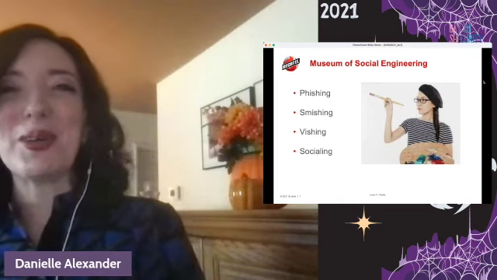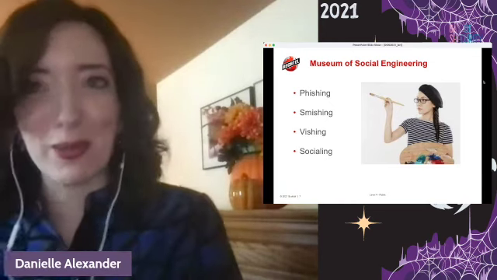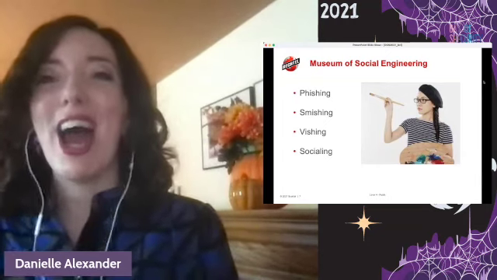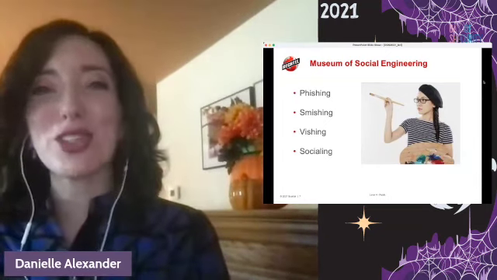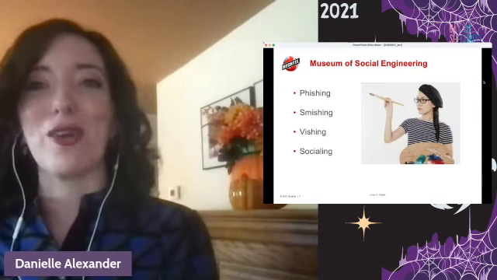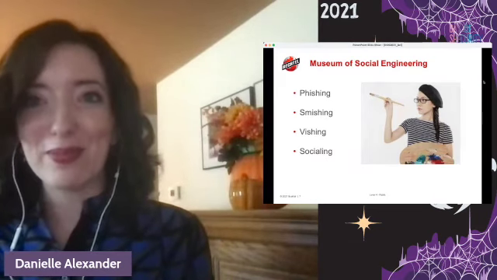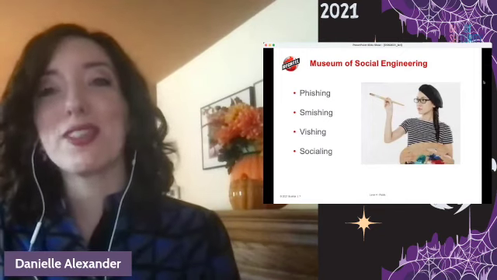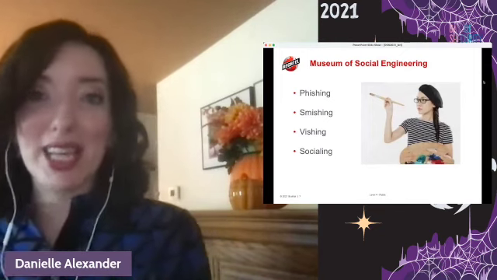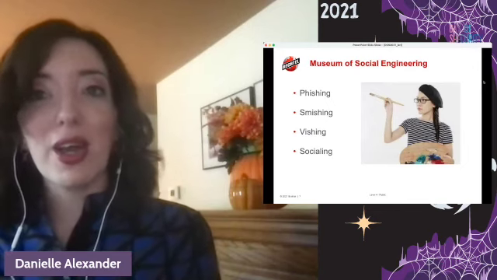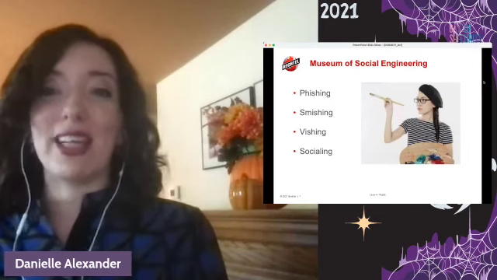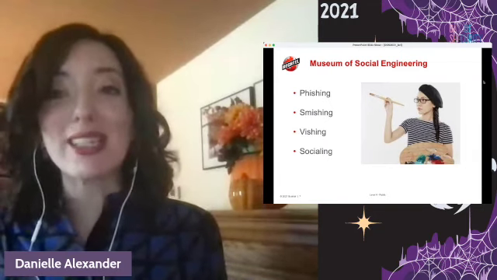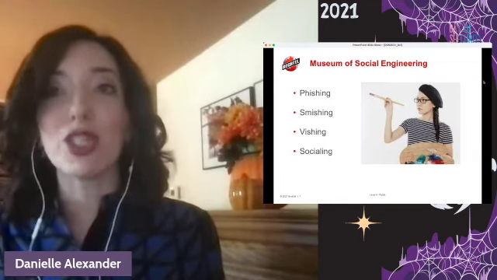Now, if you asked yourself if socialing was a real word and did she really just make up a word in her presentation, I totally did, because socialing is a great representation for social media. We're going to touch on that as well. Our goal today is to walk through scenarios and identify tips for our users. The best way to fight social engineering is making sure that our users are trained to spot it and know how to report it.